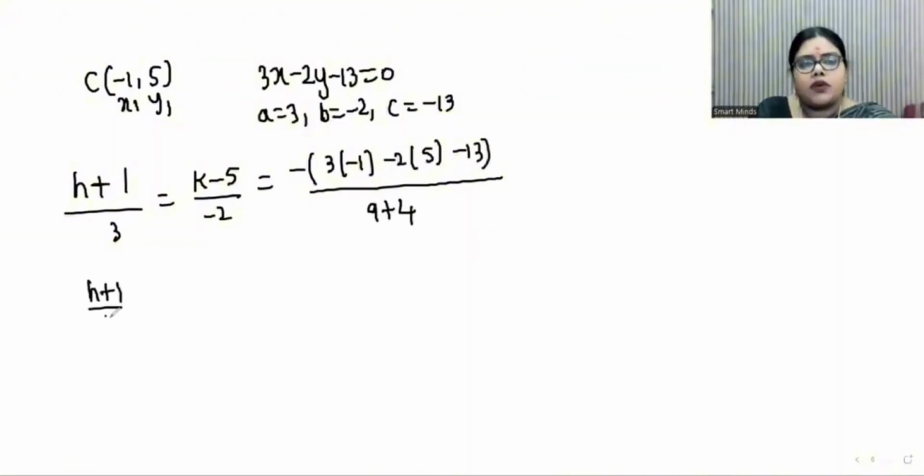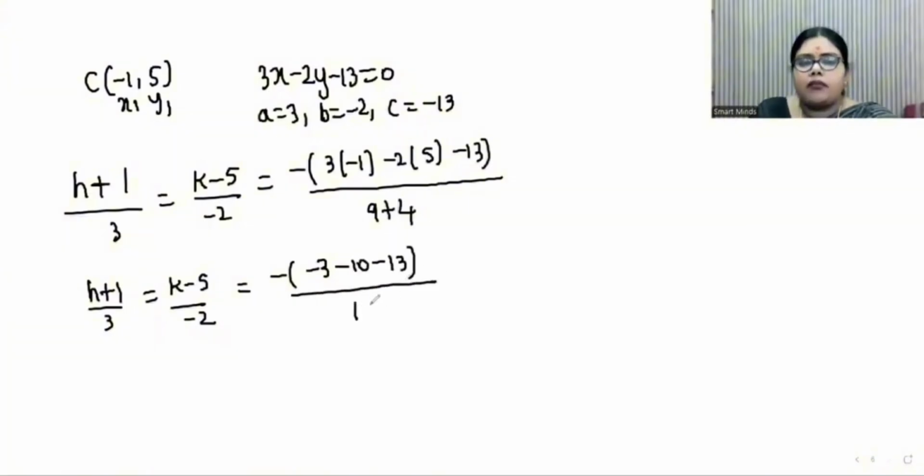So h plus 1 by 3 is equal to k minus 5 by minus 2 is equal to minus of minus 3 minus 10 minus 13 by 13. This is 26 by 13, that is 2.